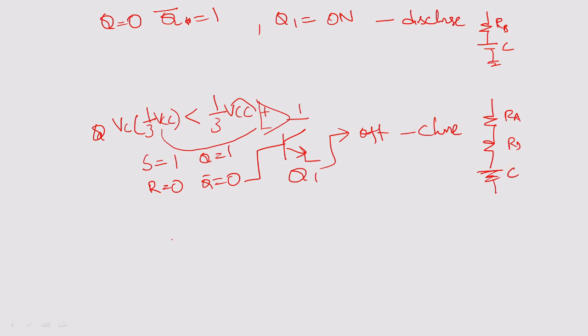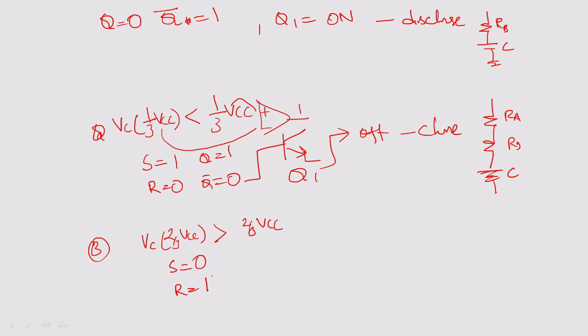So it used to charge. Okay, then the third period: the capacitor keeps on charging, and when it reaches more than 2 by 3rd of your VCC, immediately what happened? S will become 0 and R will become 1.